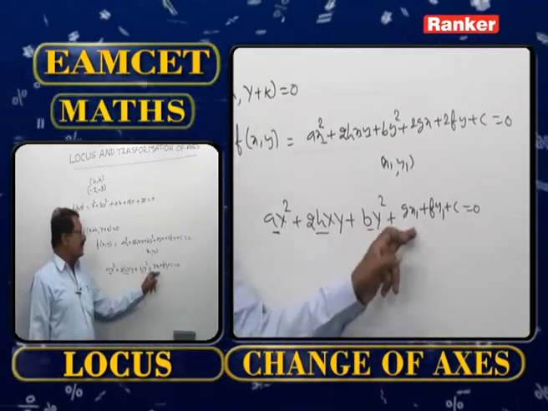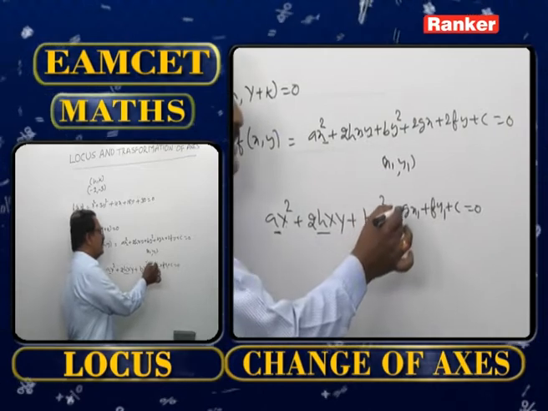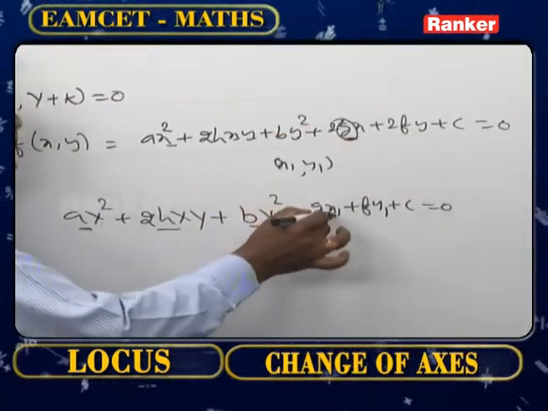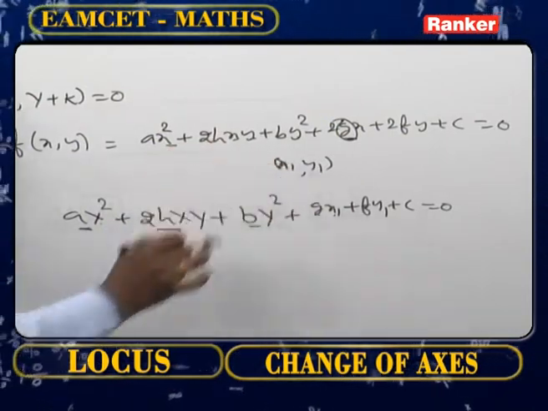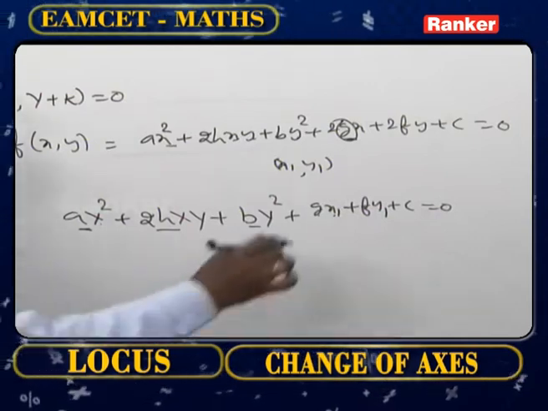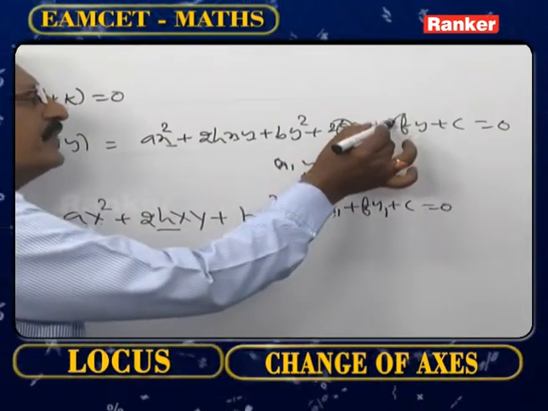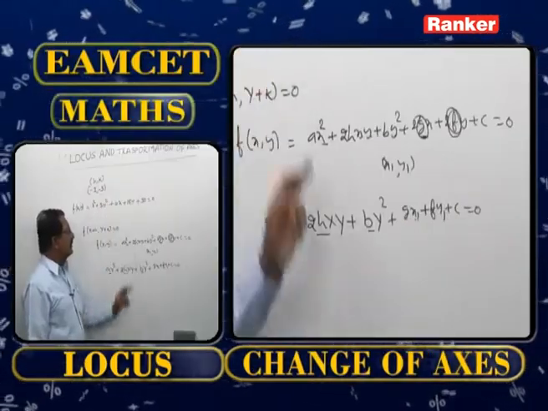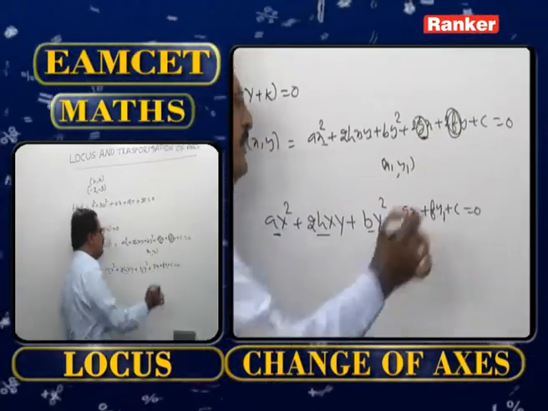Only the constant term changes. That is half of the coefficient of x into x1, the x coordinate of the given point, plus half of the coefficient of y into the y coordinate of the given point, plus c.